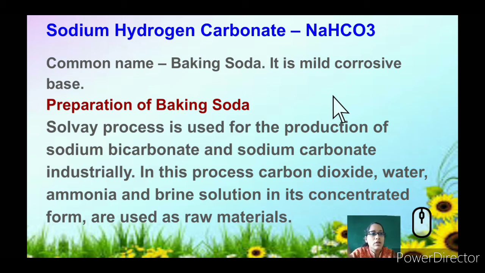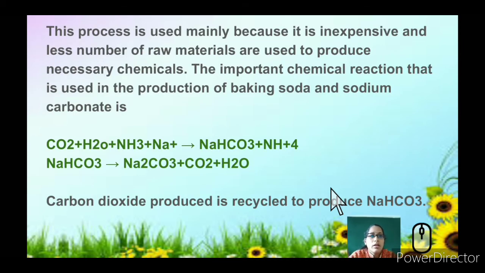For the preparation of baking soda, for sodium hydroxide we have seen that the chloralkali process is used. Here for sodium hydrogen carbonate, we will use the Solvay process. The Solvay process is used in the production of sodium carbonate and sodium bicarbonate for industrial use. In this process, carbon dioxide, water, ammonia, and brine solution are the raw materials used, that is CO2, H2O, NH3, and brine solution, NaCl.